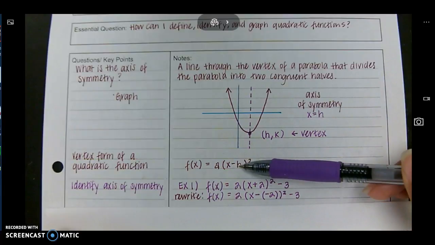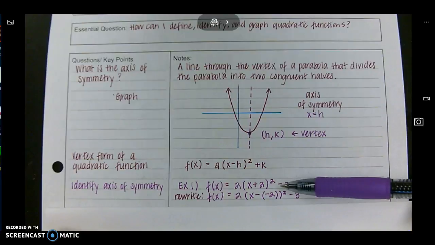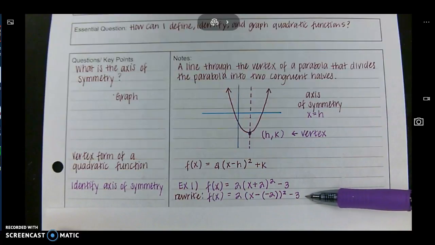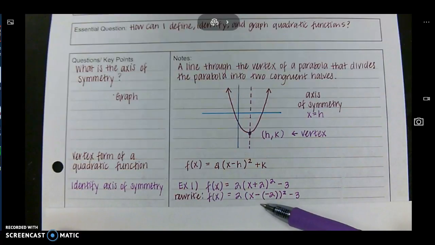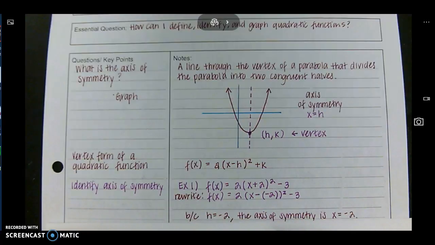Notice the signs are different. You have a minus here, you have a plus here. So we have to rewrite the function to where we can see exactly what number it is. And so remember when you learned in middle school about double negatives becoming a positive, so we're just rewriting x plus 2 as x minus negative 2 so that we can see that our axis of symmetry is in fact x equals negative 2.